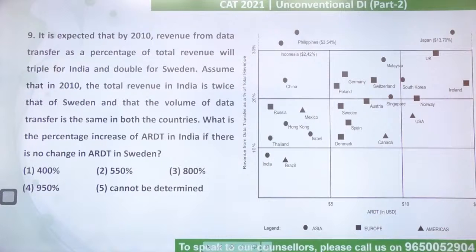This is not a difficult question. You all can answer this. 9 and 1. Okay, Vaishnavi, which is exactly 800%. Ramya is saying second, that is 550%. Okay, Ramya, good. Barkha is also saying second option, 550%.